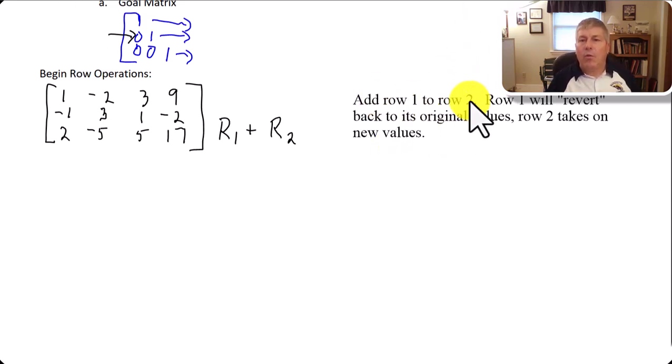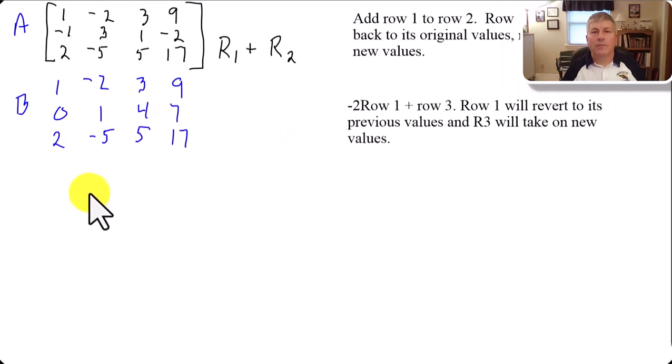When I add row 1 to row 2, row 1 will revert back to its original values. I'm really not changing it. In other operations I'll change. And row 2 will take on new values. So let's see what that looks like. I've added row 1 and row 2 together, and I've created my new matrix, matrix B. My top row stays the same at 1, negative 2, 3, 9.